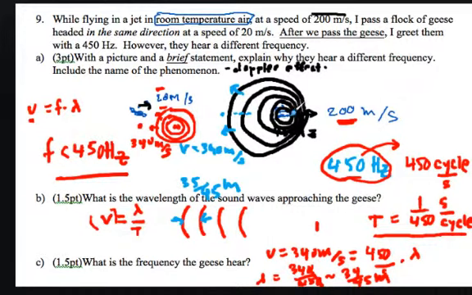But now we add the speed of the plane. It is moving at 200 meters per second. So in the same period, 1 over 450 seconds, the plane moves 200 meters per second times 1 over 450 seconds, which is about 200 over 450 meters, or 20 over 45 meters. Is that right? 20 over 45.